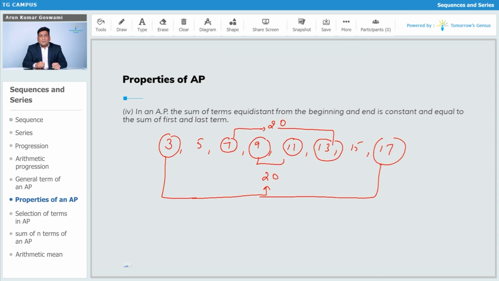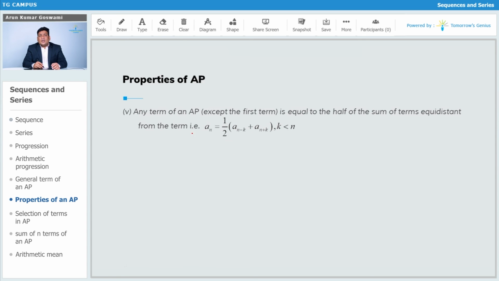Okay, next property. The next property says that any term of an AP is equal to half of the sum of the terms equidistant from that term. Same as the previous example, I will take one more example here: 3, 5, 7, 9, 11, 13, 15.